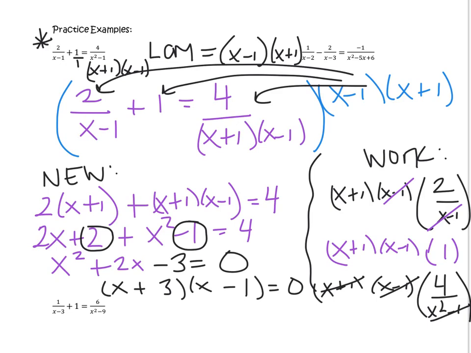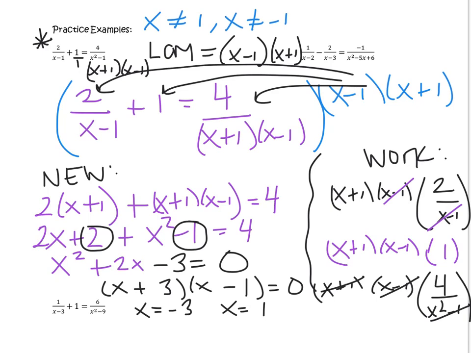When I solve each one, I will get a negative 3 from that one, and a 1 from that one. I'm going to go back up and say I should have done this at the beginning. It kind of helps to have these values in your head. If you look at your fractions in the very beginning, we would say that x is not allowed to be 1, and x is not allowed to be negative 1, because either one of those values is going to make one part of that fraction or equation undefined.